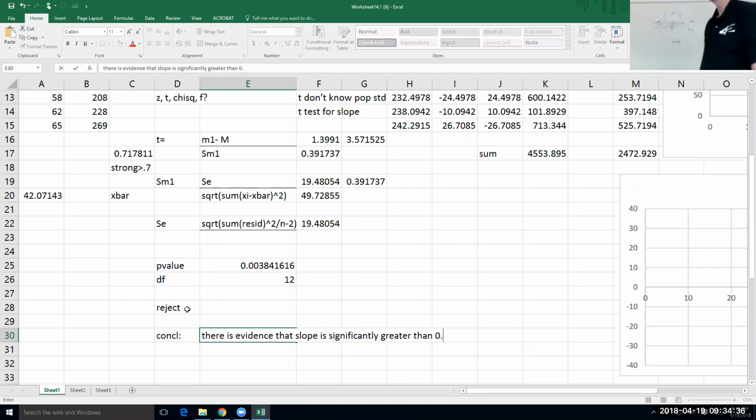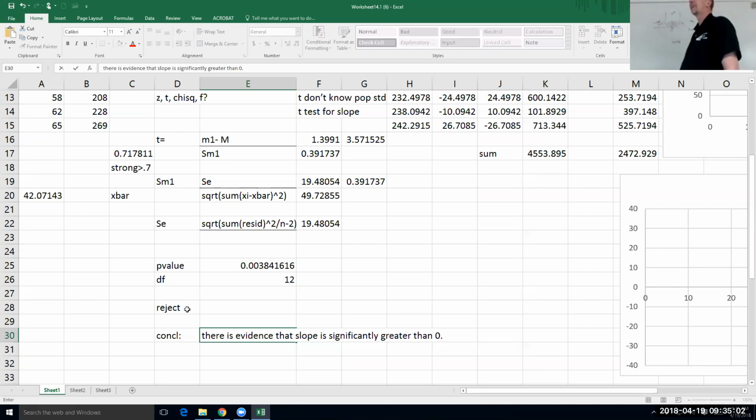How do we know that? What was the value that I got? The p-value was super low, but what was the value I got? 1.3991. That's a positive number, right? We said it was significant, and it's definitely positive.